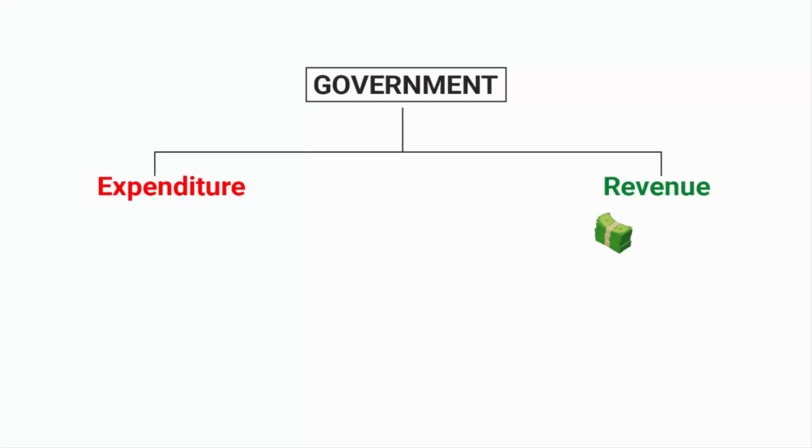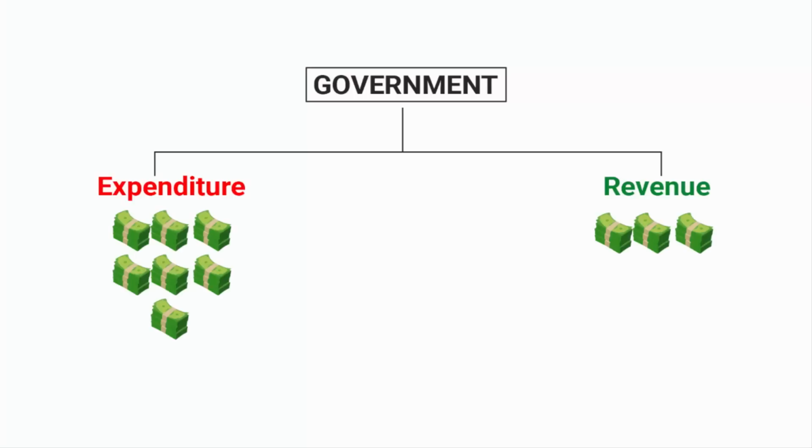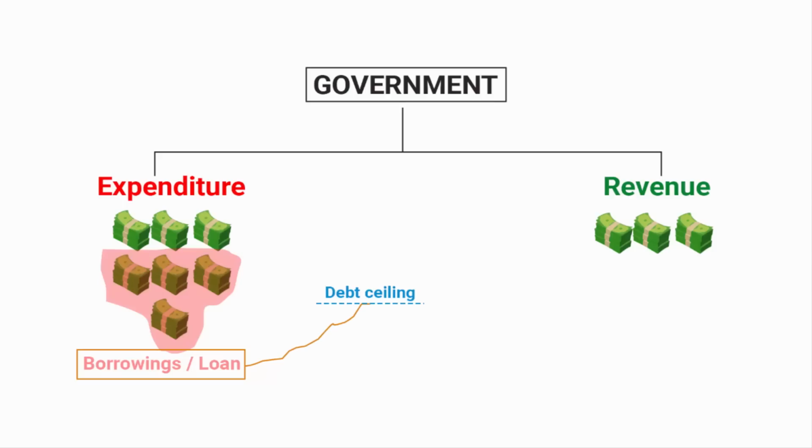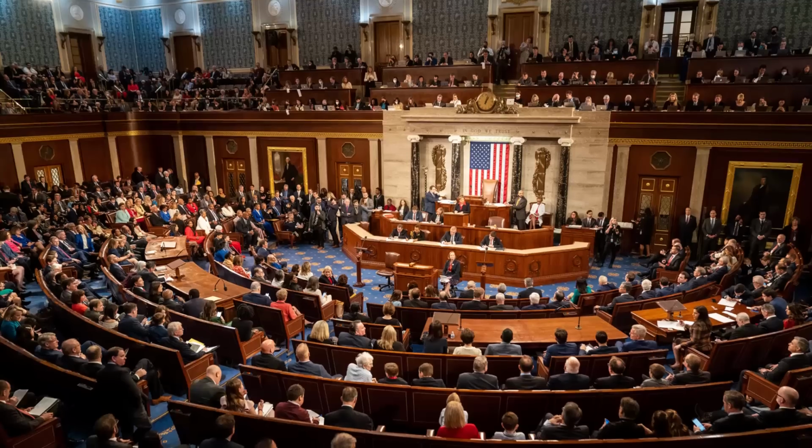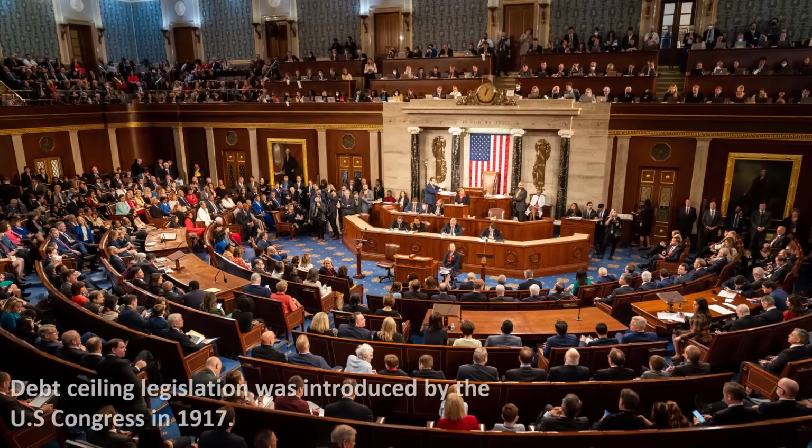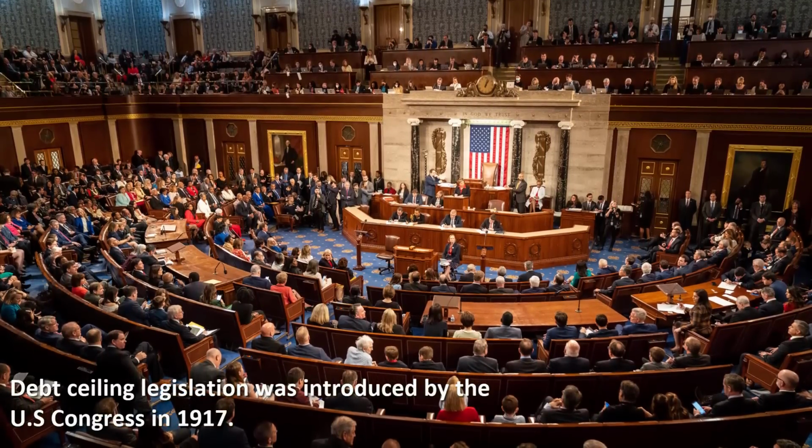Now suppose if a government consistently spends more money than it generates in revenue, then it may need to borrow to cover the deficit. Now over time, this accumulation of debt can approach or even breach the predetermined debt ceiling set by legislation. Now, how did this happen? If you look at the debt ceiling legislation, it was introduced by the US Congress in 1917.